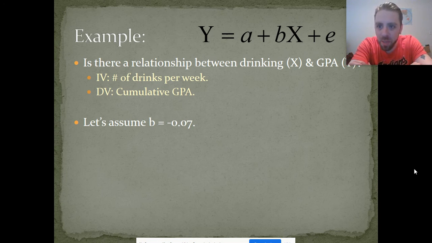Well, I guess it could go either way, kind of, but let's hypothesize that my independent variable is the number of drinks per week. The thing that is affecting the other thing is going to be alcohol consumption. And let's set our dependent variable to be your cumulative GPA. So I'm hypothesizing that how much you drink in a given week affects your GPA.